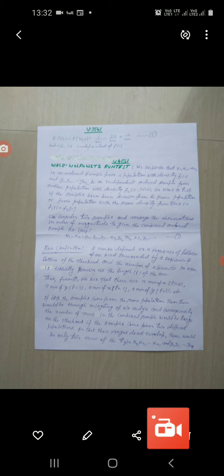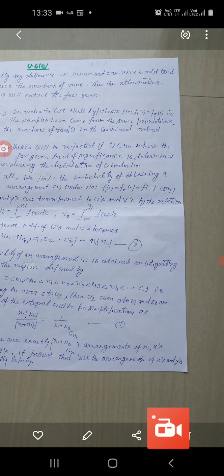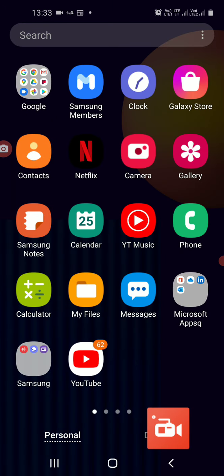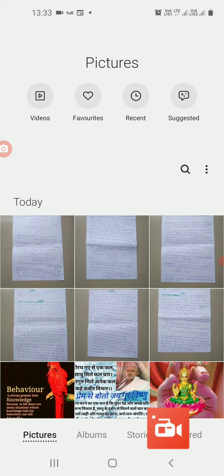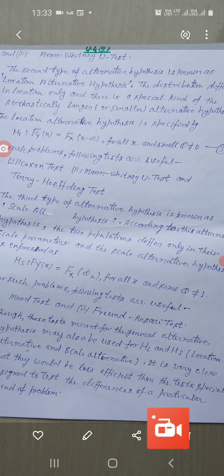Second is Kolmogorov-Smirnov two sample test. Third is Mann-Whitney U test.